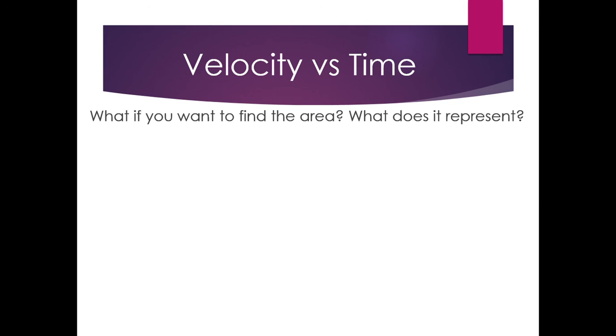But what if you want to find the area of the triangle that is formed in there? And of course, what does it represent? Why do we want to find the area of the triangle that's formed in there? Well, now we're going to remember a little bit of mathematics.